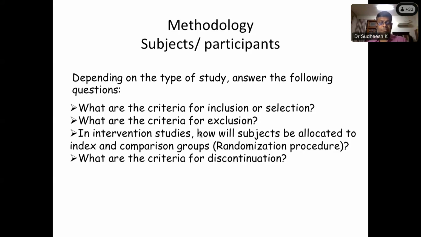You just randomly pick. For example, the first patient will go to the intervention group, 2 and 3 will go to the control group, 5, 6, 7 will go to the experimental group, 8 and 9 will go to the comparison group. That way some randomization sequence will be followed, and that has to be mentioned.